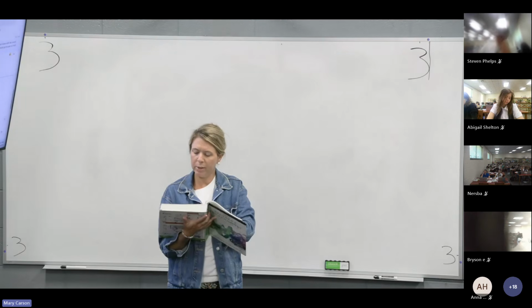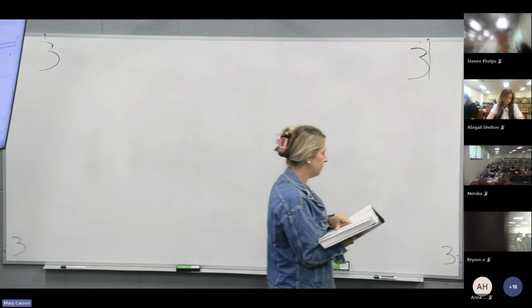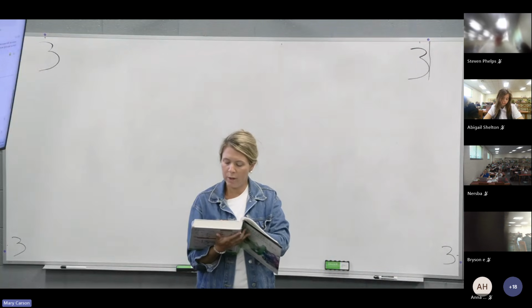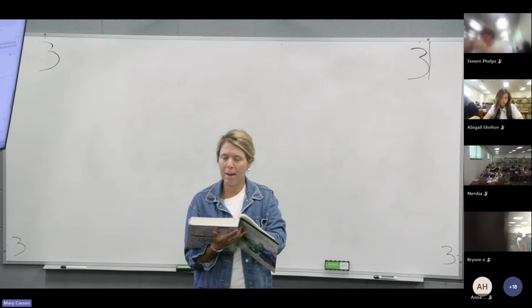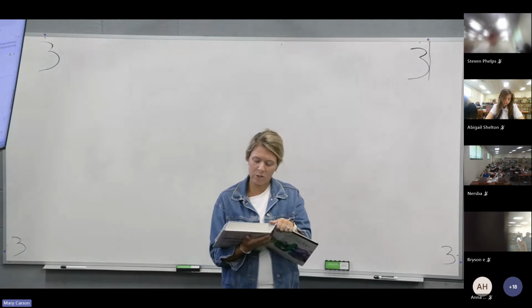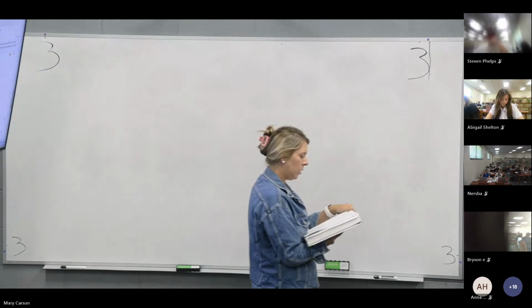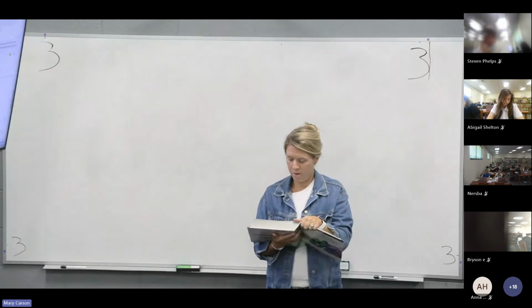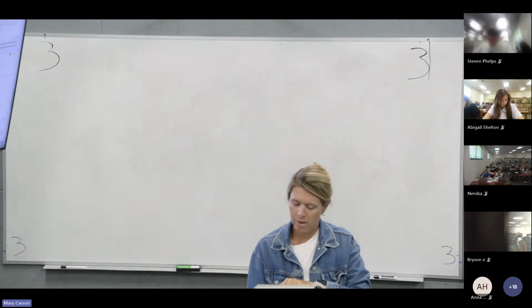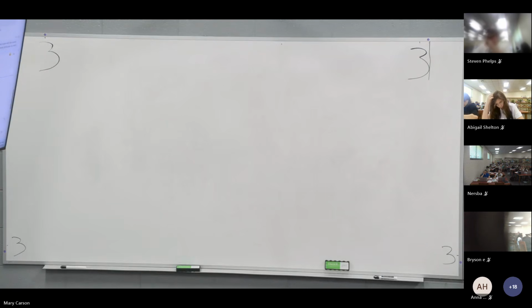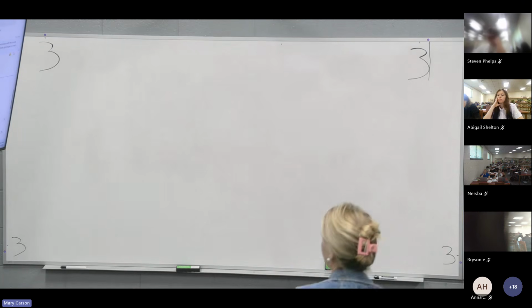Question 32, you should have gotten negative x cubed plus 4x squared minus 4x minus 9. 34 was 10x to the fifth plus 3x cubed minus 10x squared plus 6.